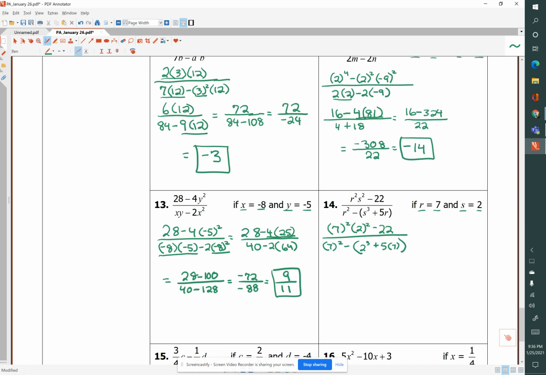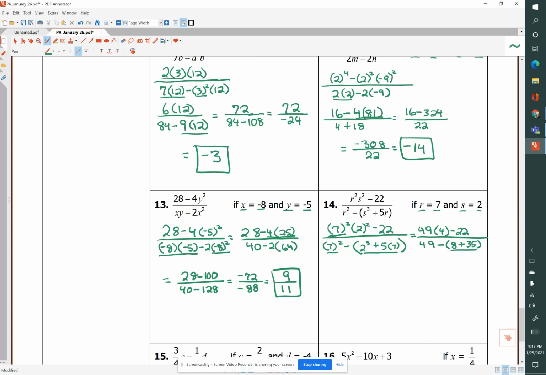So let's start with those grouping symbols and exponents. In the numerator, 7 times 7 is 49, times 2 times 2 is 4, minus 22. In the denominator, 7 times 7 is 49, minus, now in here we have 2 to the third is 8, plus 7 times 5 is 35.